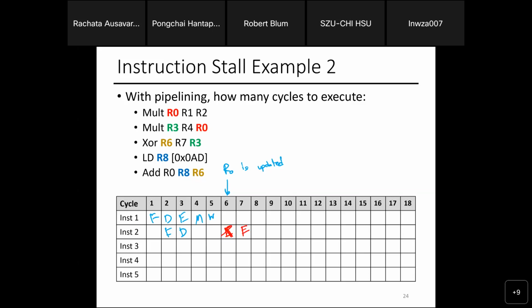I can finish the decoding phase and feed R0 into the pipeline register, but I have to clock one more cycle to move that into the execute stage, right? And then I can do the memory write back. And here I can fetch and decode, and then I also have a data dependency with R3, right? So I don't do anything here until I finish write back, then I can execute.